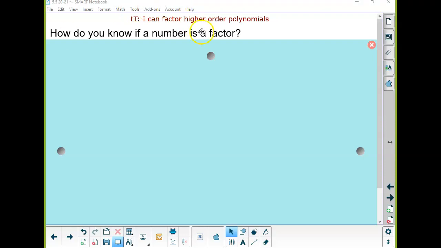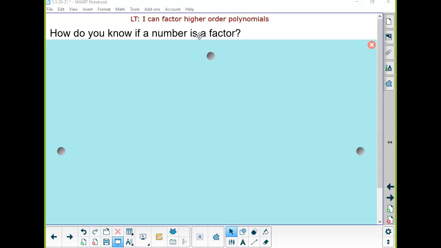But how do you know if a number is a factor? Right? 13 wasn't a perfect factor of 2,175. Why wasn't it a perfect factor? Or what would happen if I had a perfect factor? What do you think your remainder is? Something goes into something exactly perfect.